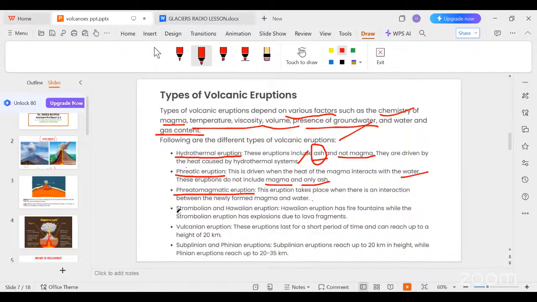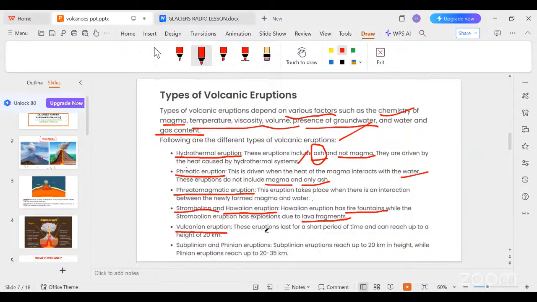And next one is Strombolian and Hawaiian eruption. The Hawaiian eruption has fire fountains, while the Strombolian eruption has explosions due to lava fragments. And next one is Vulcanian eruption.